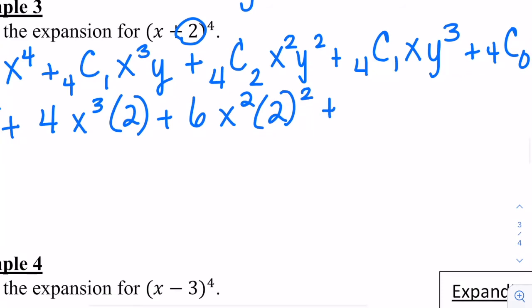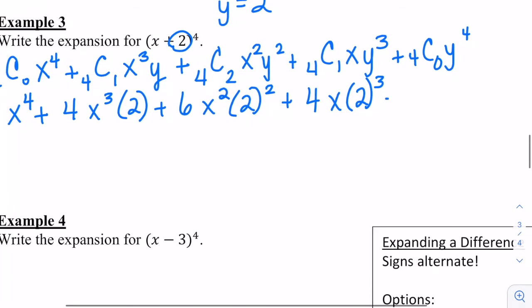Plus 4 choose 1, which is 4, x times 2 cubed. And then 4 choose 0, back to 1, but our y was 2, so 2 to the fourth.